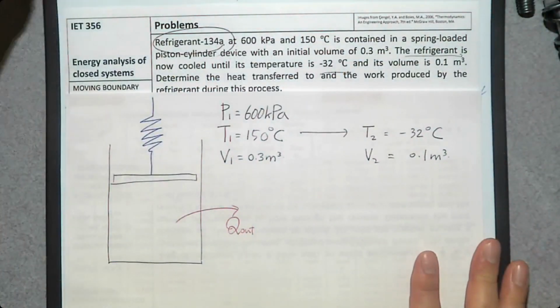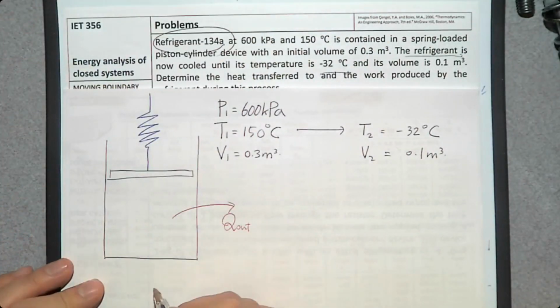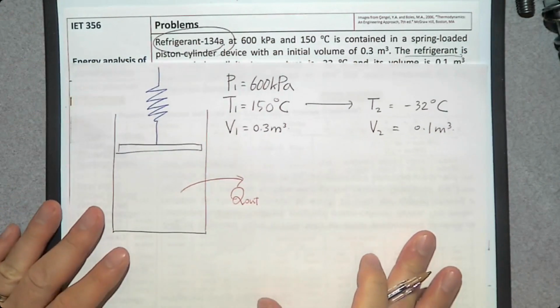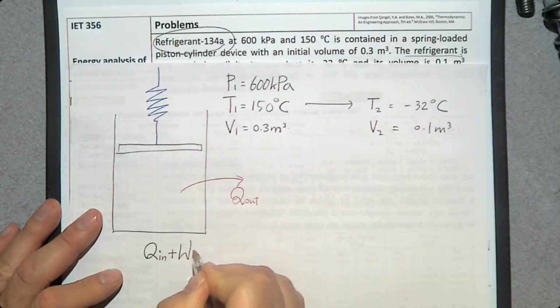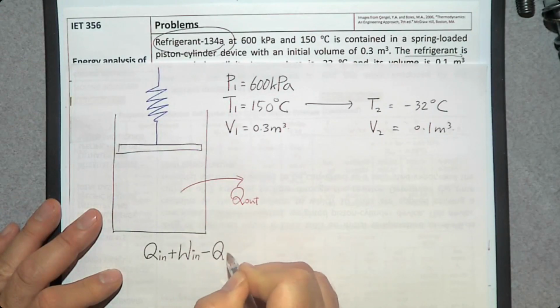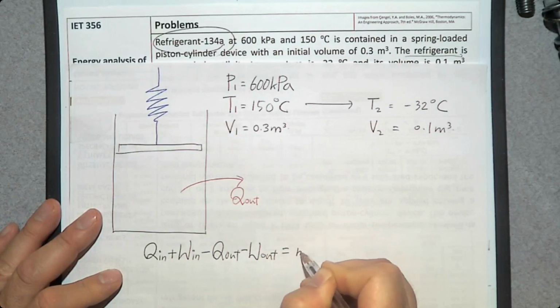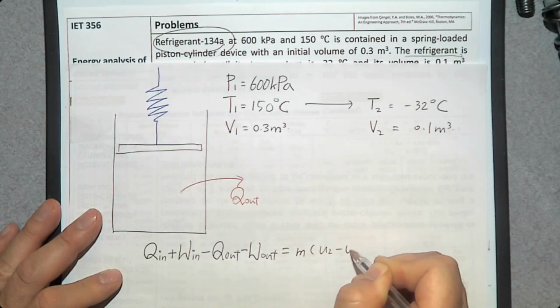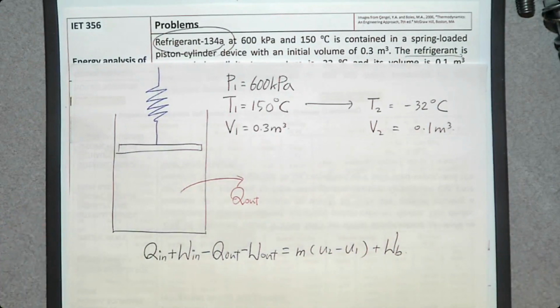So I'm going to write this general energy balance equation here. Down here, Q in plus W in minus Q out minus W out is mass times U2 minus U1 plus moving boundary work.